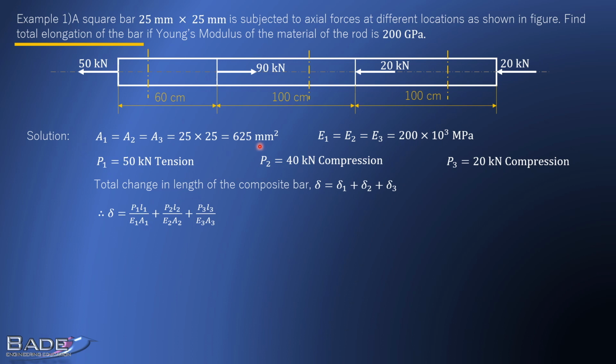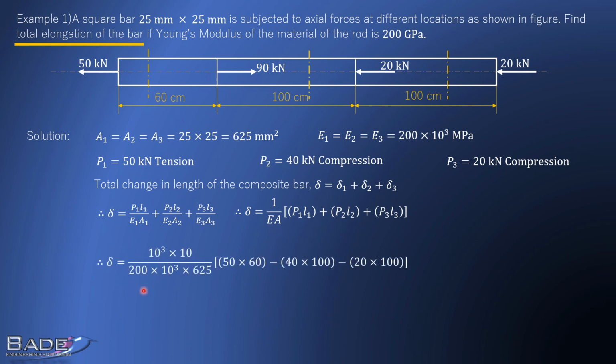Area and Young's moduli are the same for all the 3 bars. So EA is common for all the 3 bars. So let's substitute the values. So delta is equal to 1 upon EA and in the bracket P1 L1 plus P2 L2 plus P3 L3.